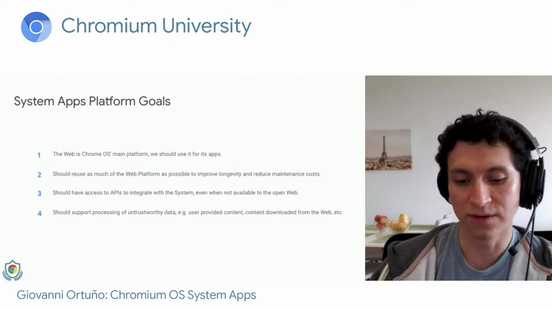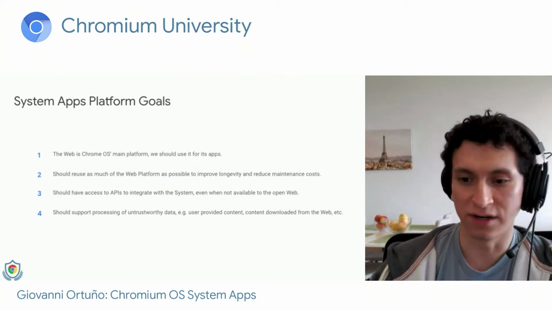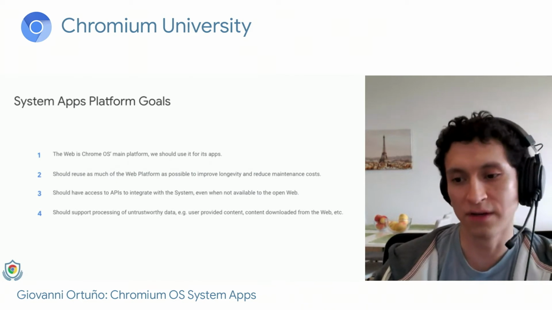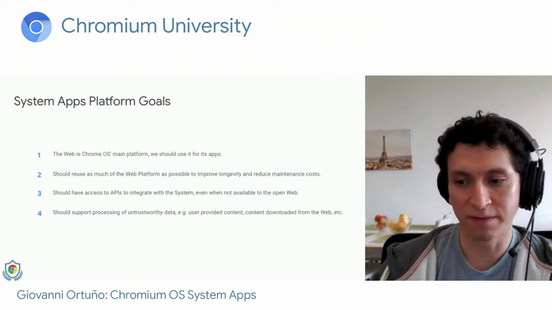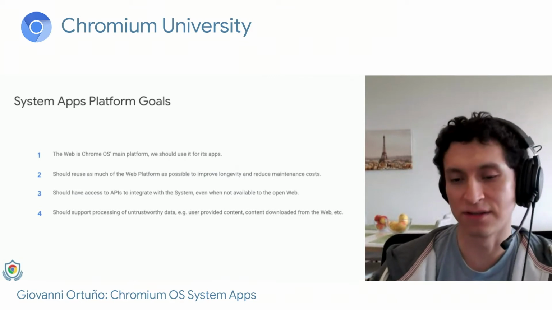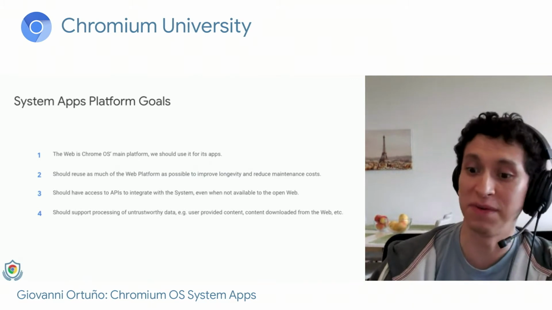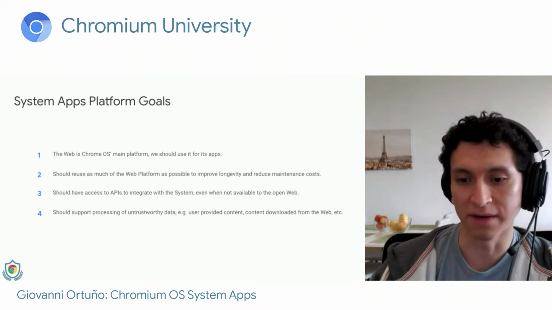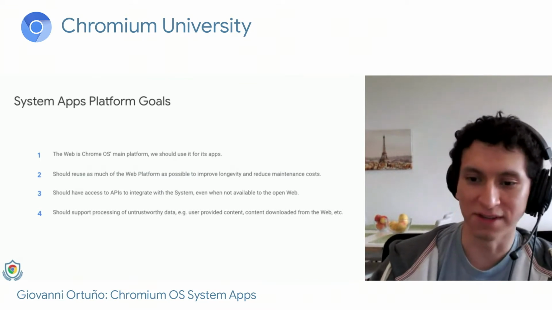We also wanted to use as much of the web platform as possible, things like service workers, workers in general, all the new web APIs, so that we could have a long-lasting, stable platform, but also reduce the maintenance costs on the Chrome OS team. We didn't want to maintain something as big as Chrome apps since we don't have as many people as the Chrome apps project had, or as many customers.